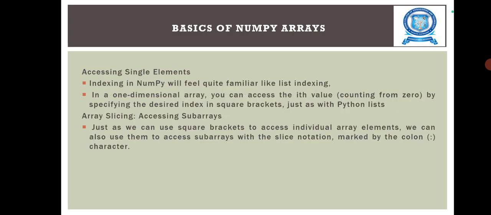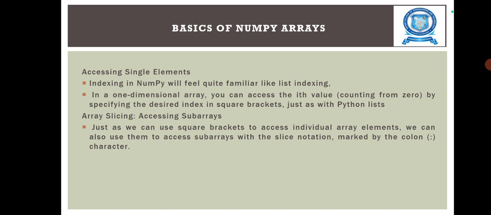Next one is accessing single elements. Indexing in NumPy will feel quite familiar, like list indexing. In a one-dimensional array, you can access the value by specifying the desired index in square brackets, just like a Python list. To index from the end of the array, you can use negative indices.